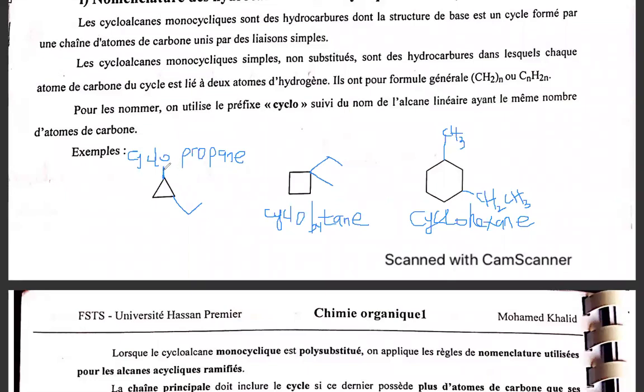Now, there's something else. There's a methyl there, and there's an ethyl there. So in a case where you have 2 substituents like that, ethyl and methyl, the question that comes in is, where do I start counting from? You always start counting from the one that appears first in the alphabet. In our case, the ethyl comes first in the alphabet, it's E, and the methyl comes later.